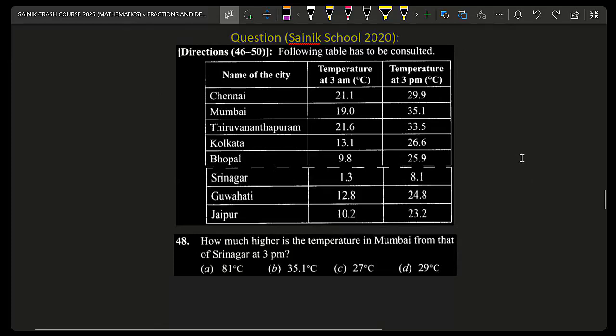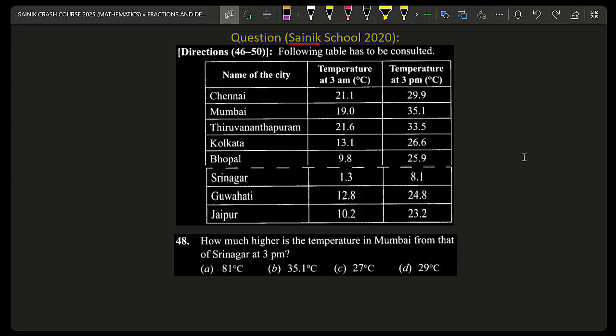Yes, Sahasra. Read the question. What are they asking? The difference between the temperatures or the sum of the temperatures? The difference. Mumbai is how much higher than Srinagar.